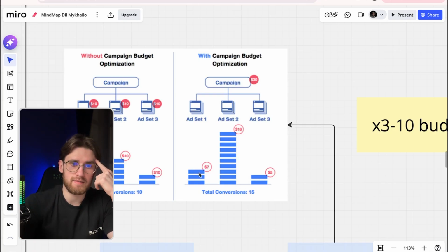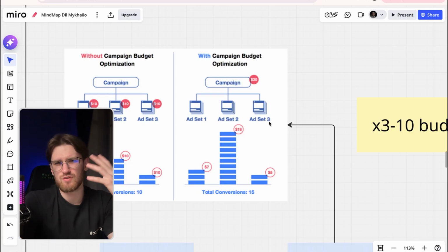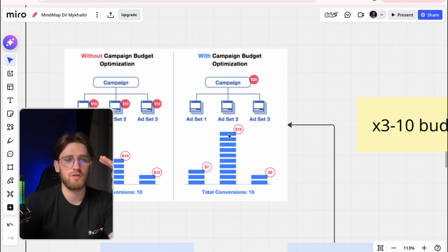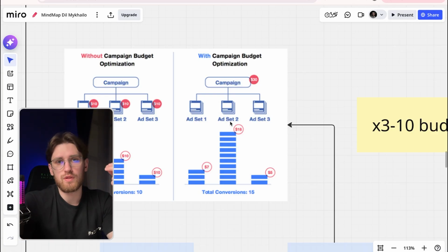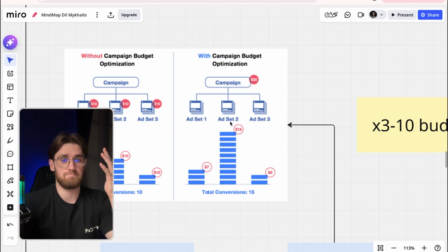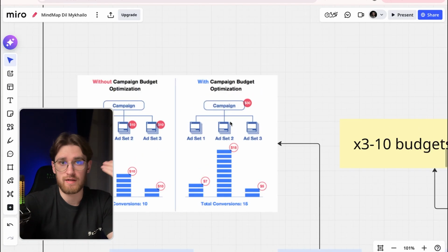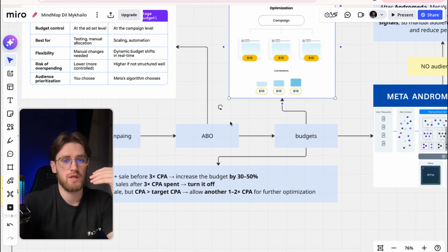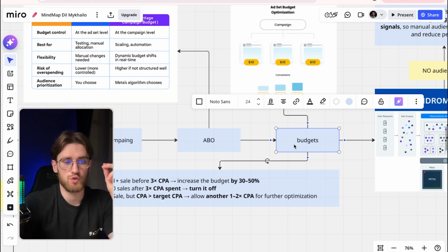Then Meta understands, okay, ad set number 1 and ad set number 3 don't really perform well, so I need to spend all the rest of the money on ad set number 2. It's cool, you can work with it, but only when you scale campaigns and you already know they have some profits. They've already been tested, these are winner creatives. But if you don't know, you need to follow these rules.